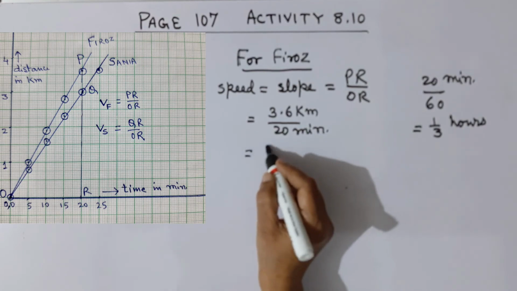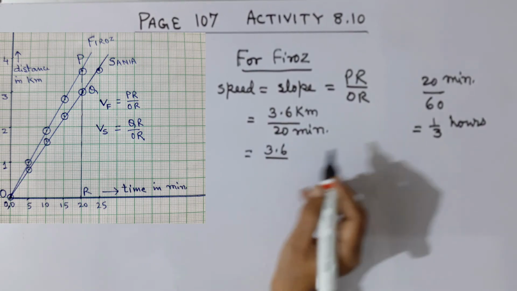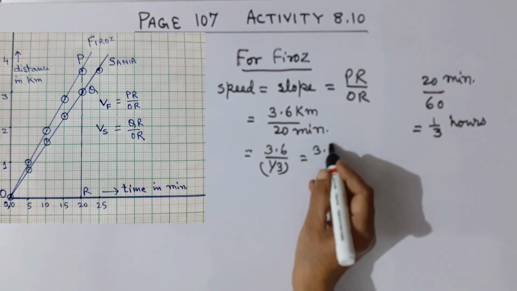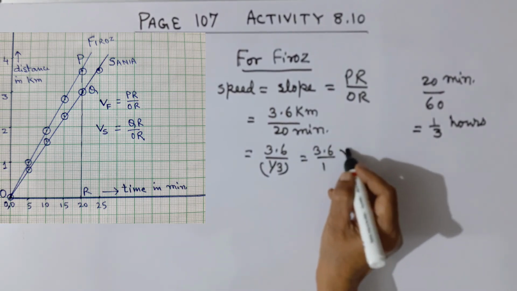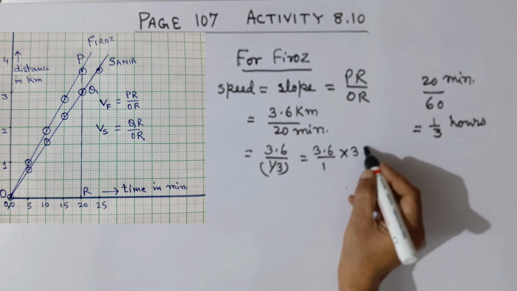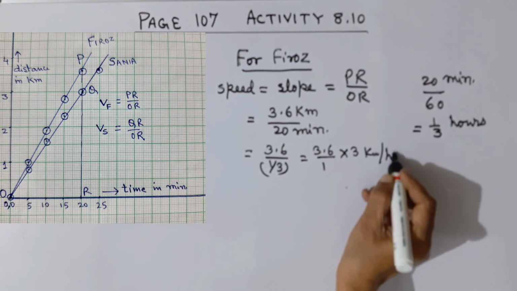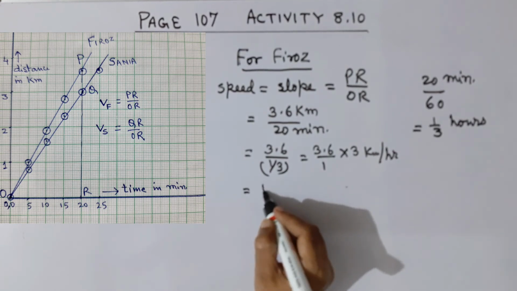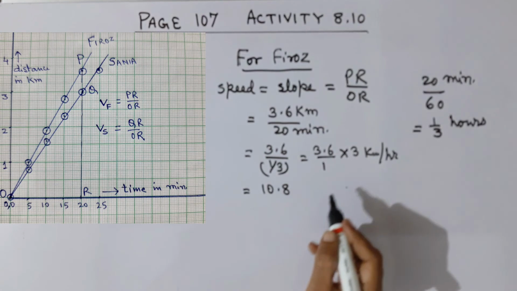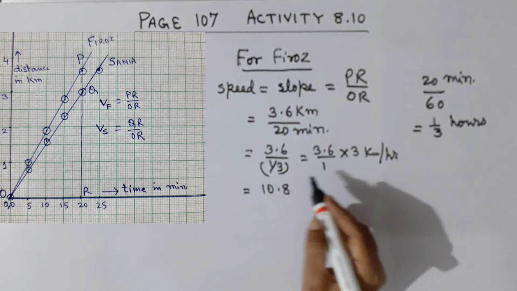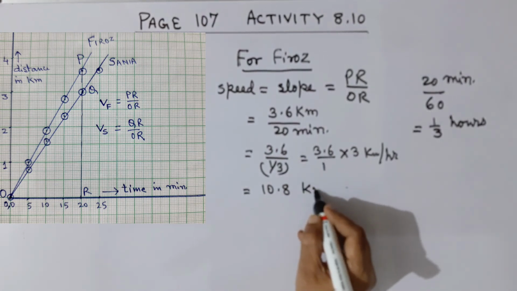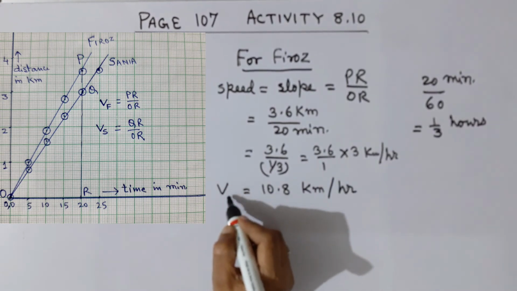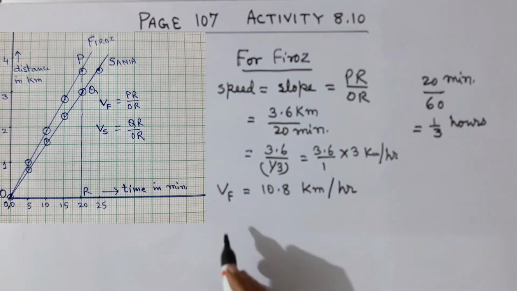So we can write 3.6 divided by 1/3, that is 3.6 multiplied by 3, and this will be in kilometer per hour. So this is 10.8 kilometer per hour. Let us denote it by VF, speed of Firoz.